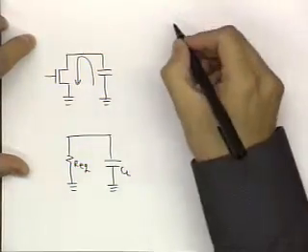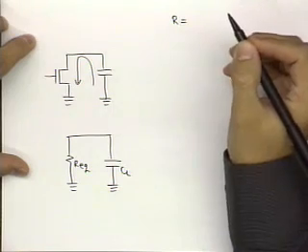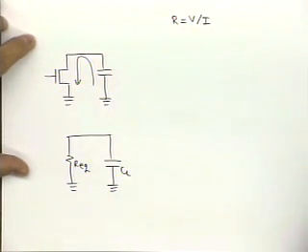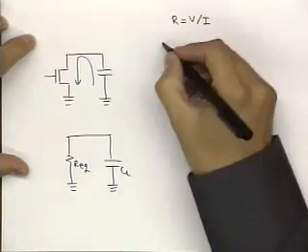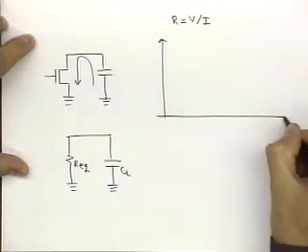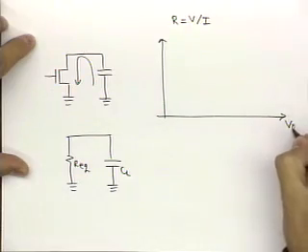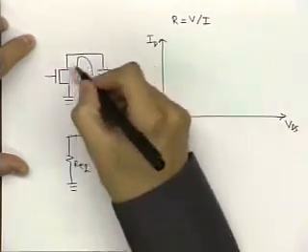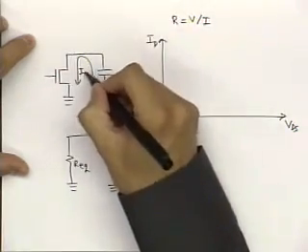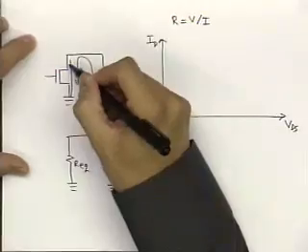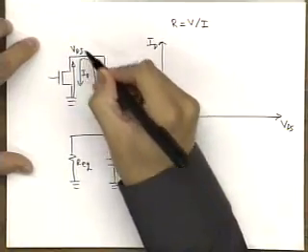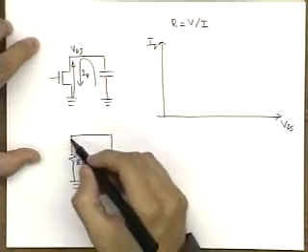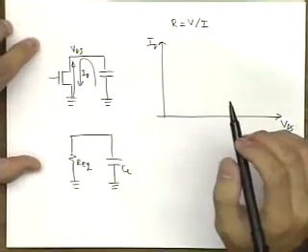The way you find a resistance is simply by definition V over I, derived from VDS over ID. So you have this is your ID, and this is your VDS, to provide a model of this non-linear element for a simple analysis.